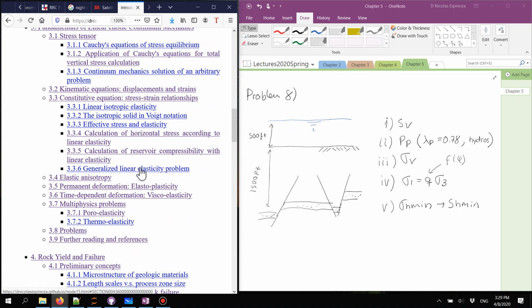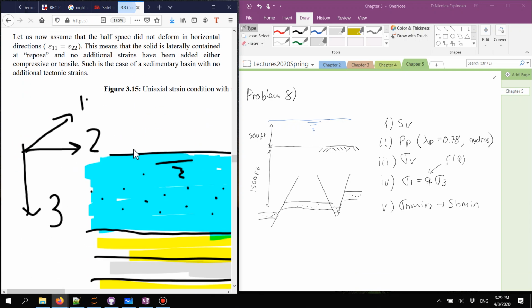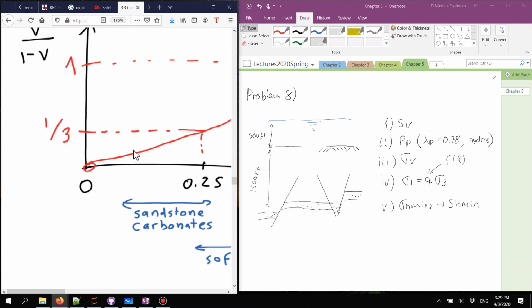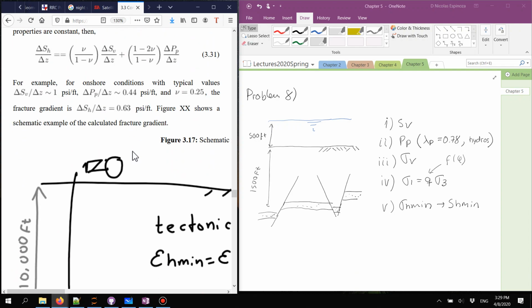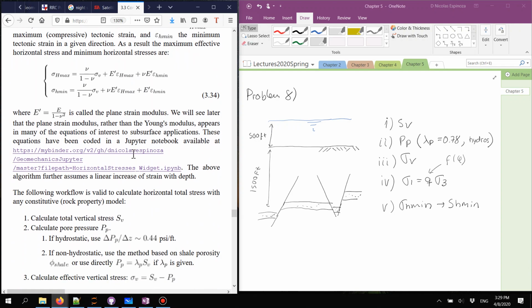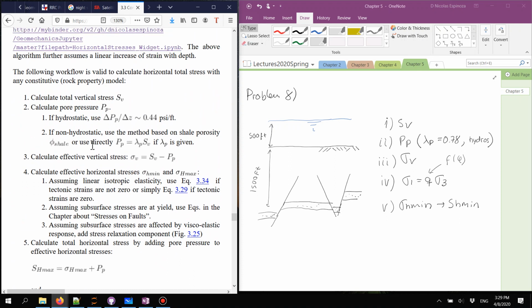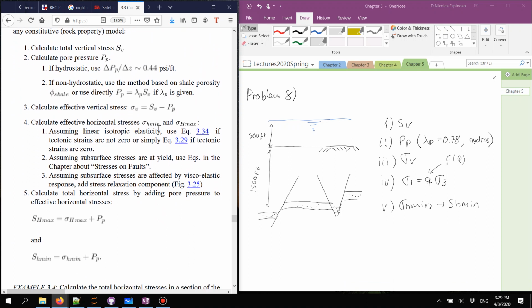When we calculated the stresses before, we already used this, but when we get to the step of calculating effective stresses, we use the elastic equations, right? Which is step number 4. Okay, so you see the workflow is exactly the same all the time.